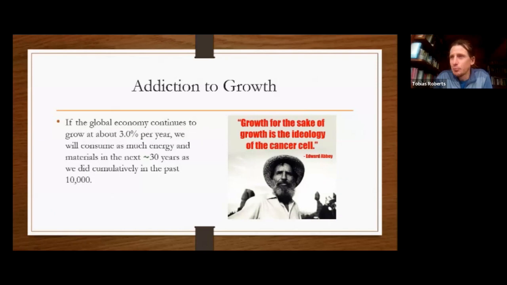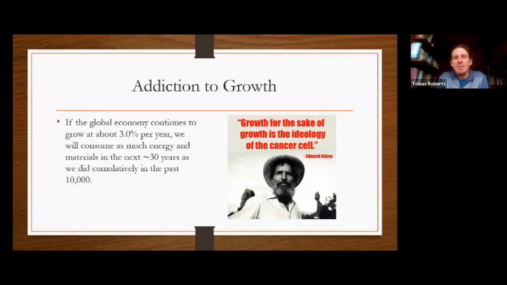Thirdly, another problem that's all tied into this linear global economic model is that we're addicted to growth. And here's an interesting concept. We tend to think, when economists talk about, oh, it's great, our global economy is growing 3.56% this year, and there's always this gold standard that we need to grow the global economy at least 3% each year.